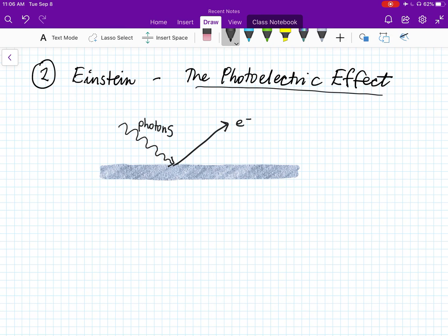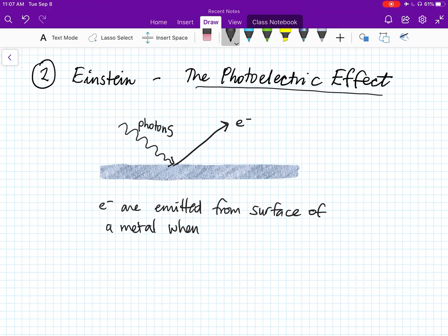So we can sum up the photoelectric effect by saying that electrons get emitted from the surface of a metal when light strikes it. We can look at the mass and velocity of the electrons that get emitted to figure out how energetic the photons are.